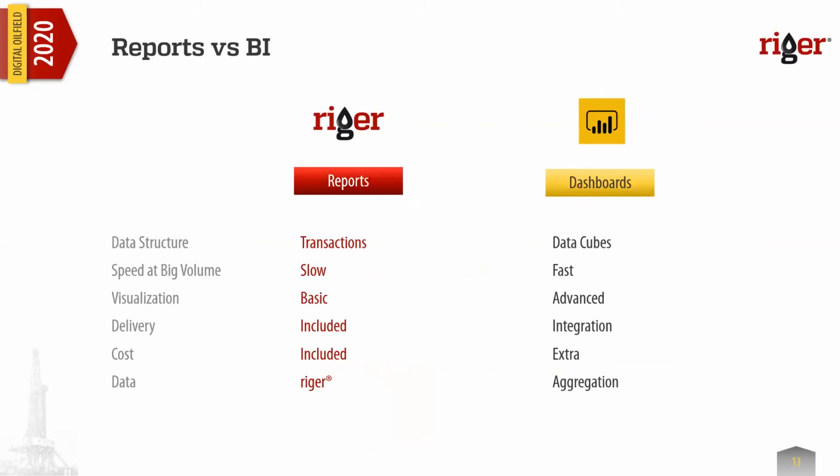First of all, the data structure in RigER is transactional-based. RigER is a transactional-based relational database. So for dashboards in Power BI, you use data cubes, which is a different structure of the data, which allows you to build complex reports and dashboards faster with a big volume of data.